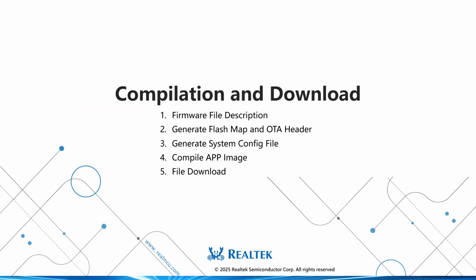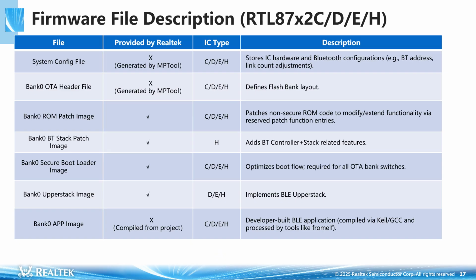Now we move on to the third section, compilation and download. This table provides the downloading file descriptions for C, D, E, and H. The ROM patch image, BT stack patch image, secure bootloader image, and upper stack image are provided directly by Realtek.